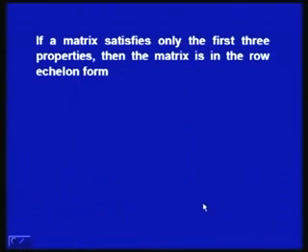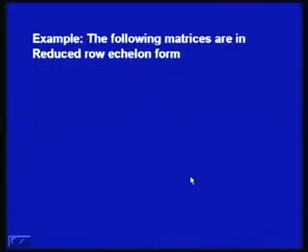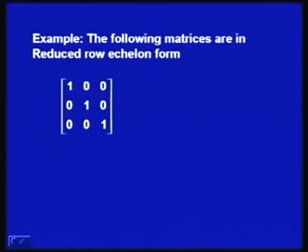Now many times a matrix satisfies only the first 3 properties, and then the matrix is not in the reduced row echelon form. This I will explain with examples. Like this matrix, a 3 by 3 matrix, is in row reduced echelon form as it satisfies all the properties, the staircase pattern.